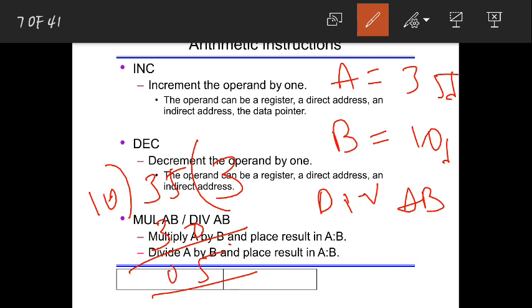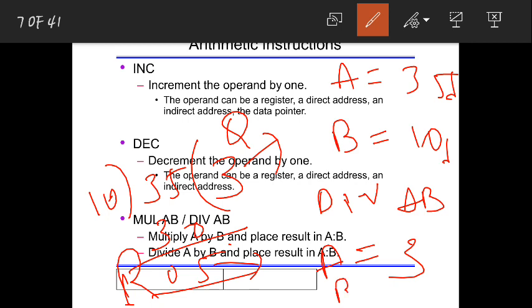Okay, so that means this is the quotient and this is the remainder. I'm talking only in decimal. If you want, you can convert it into hexa. So now what is the quotient? 3 is the quotient, remainder is 5. So A will always have the quotient value, that is 3, whereas B will always have the remainder value, that is 5.